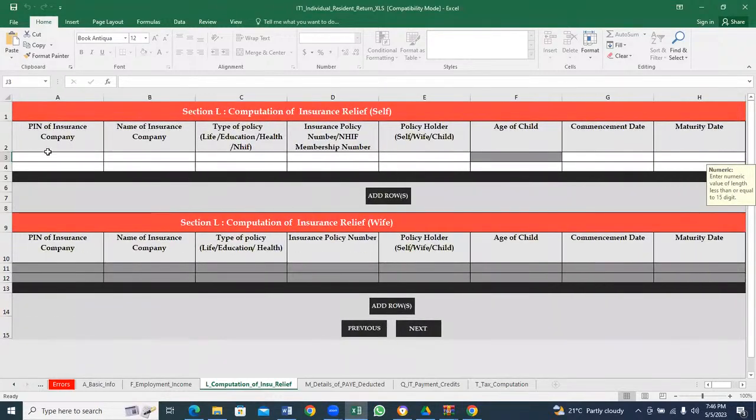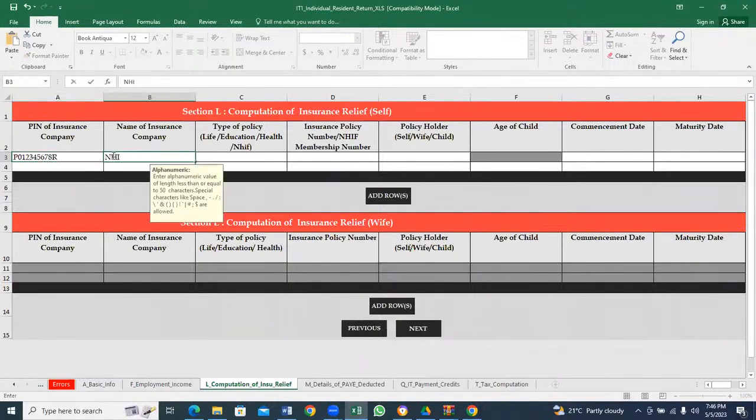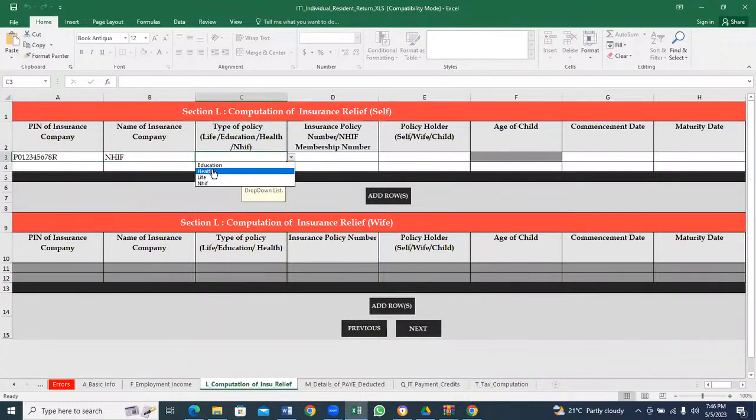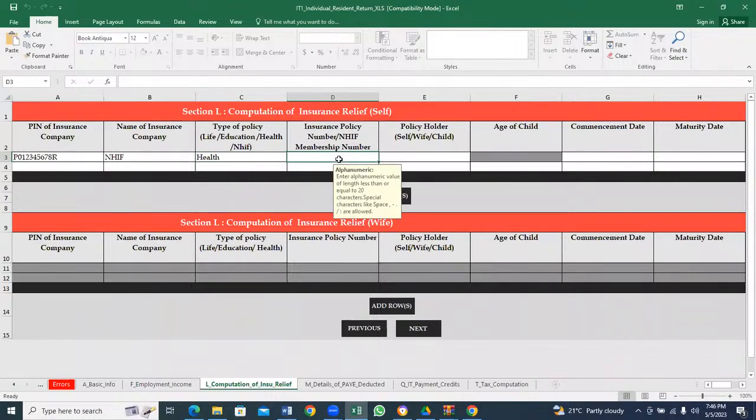Eka pin ya NHIF hapa. I'll put an arbitrary one, you have the correct one I've shared with you. Alafu, type of policy, please choose health. Then, eka NHIF number ya huyu mtu.